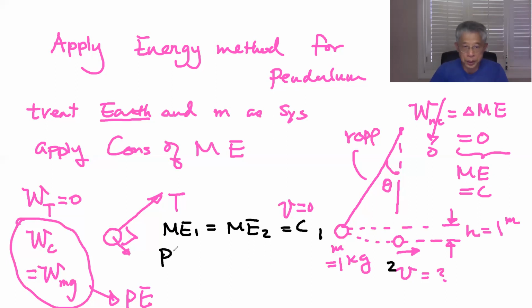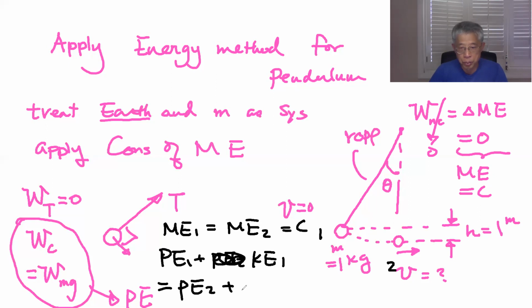So then you say KE1 plus PE1, it's equal to PE2 plus KE2, okay? And we're going to treat right there, the PE at this position, this height, okay? This is the reference right there.